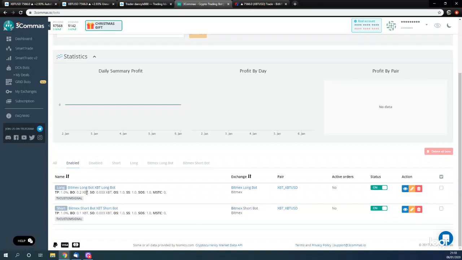You could set both these bots up to the same exchange, but then they won't execute trades if there already is a trade on the account. As you can see with the strategy, you will get in and then you'll get out. You won't be going in and getting in again. You have to have 2 separate accounts basically. So it's a bit of a faff, but it's not really anything major.